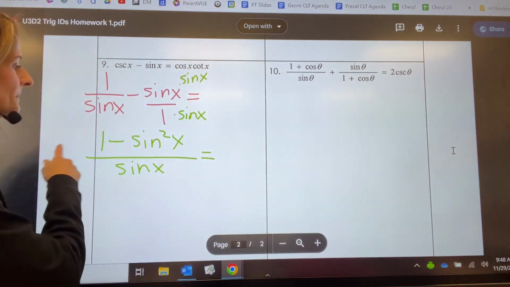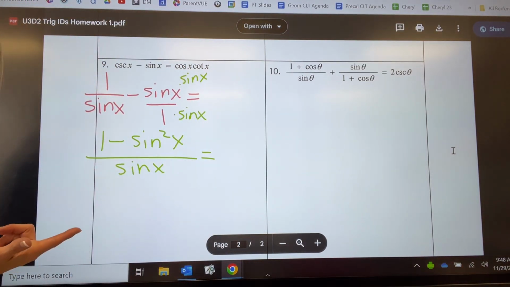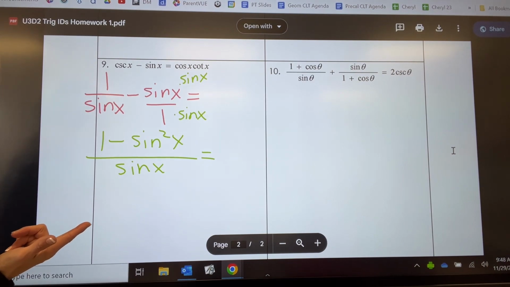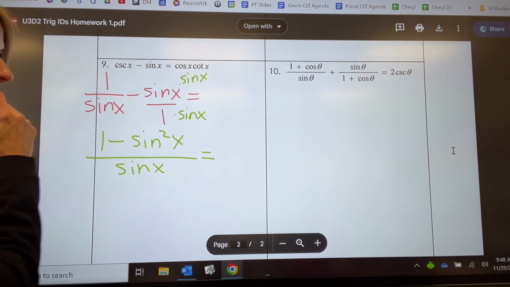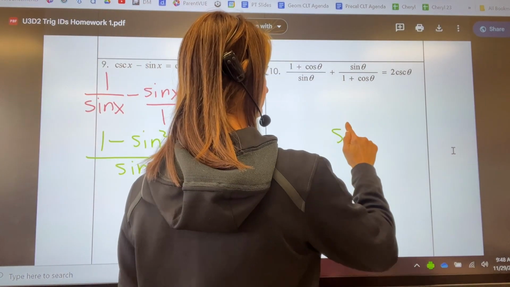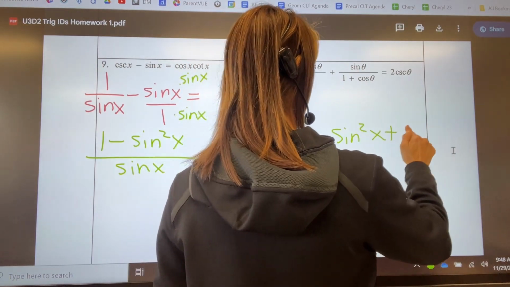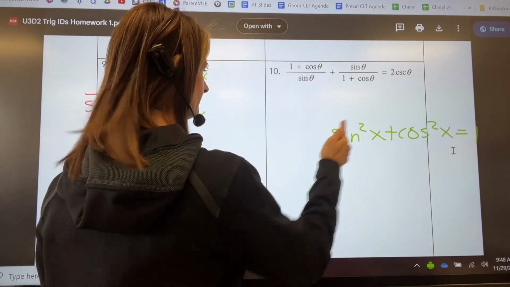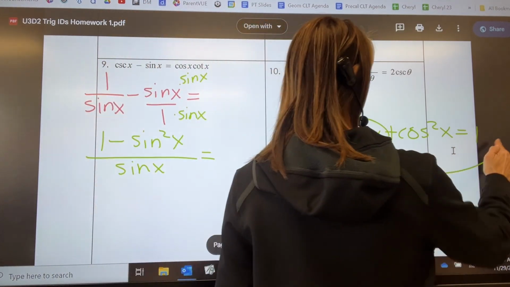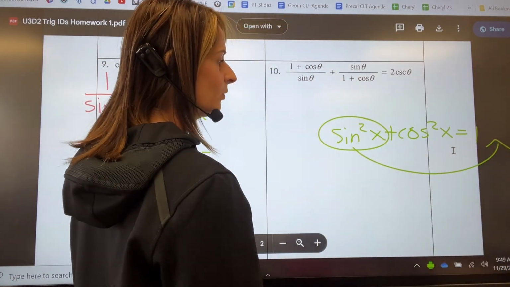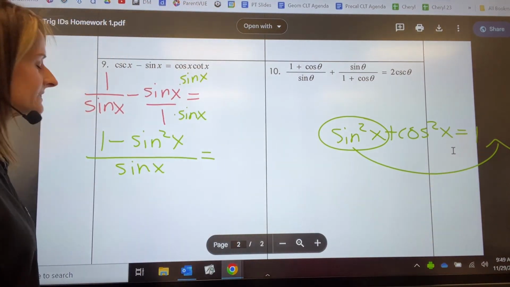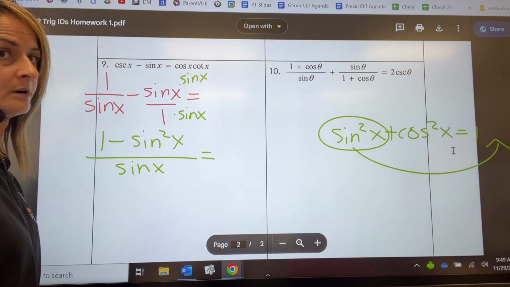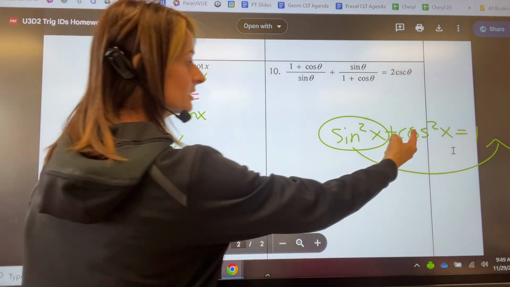So 1 minus sine squared should equal what? If I take this and move it to the other side, what's that going to equal? What's 1 minus 1 minus sine squared going to equal? It's going to be cosine squared.